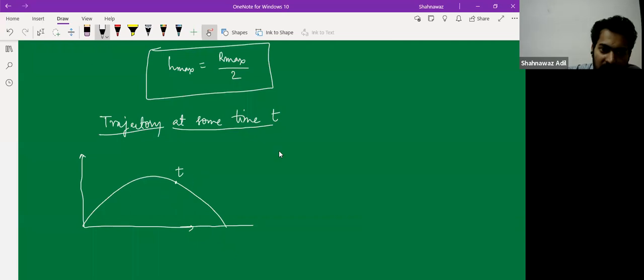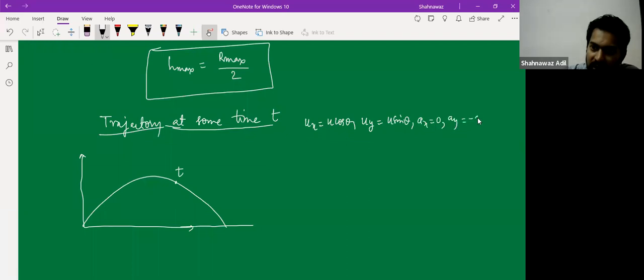So let's say at some point t. Okay. So what is the information that you have? You have ux is what? U cos theta. Uy is what? U sine theta. Your ax is 0. Your ay is minus g. And time is t. Okay.